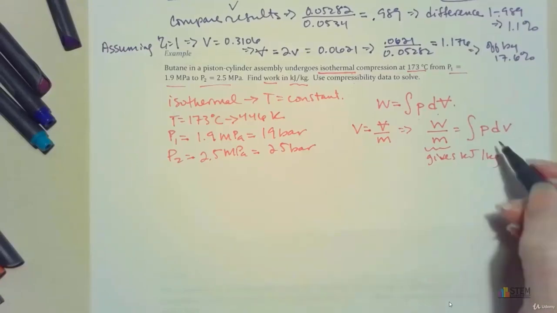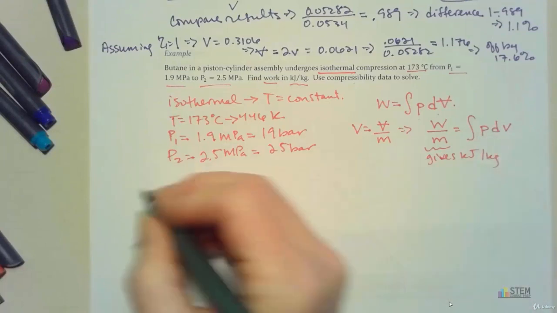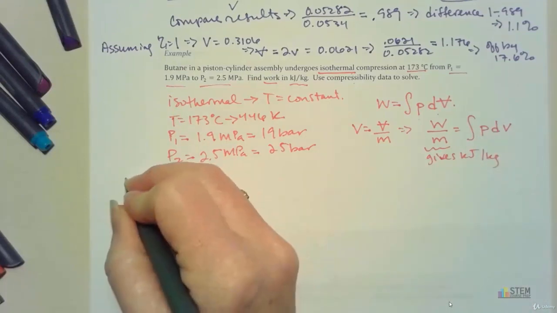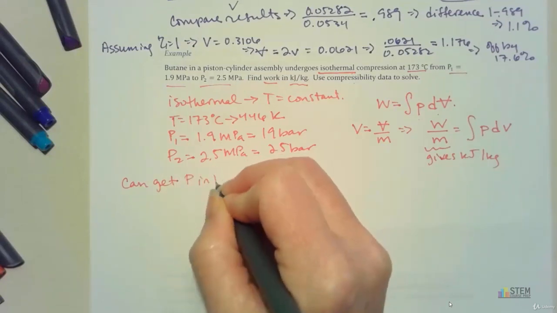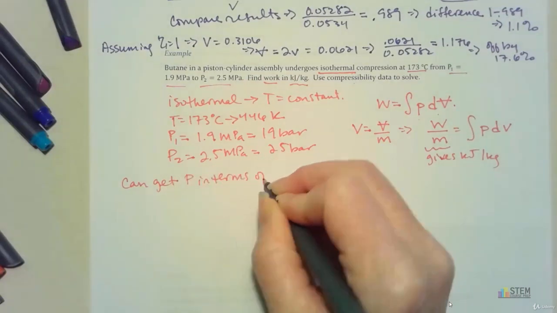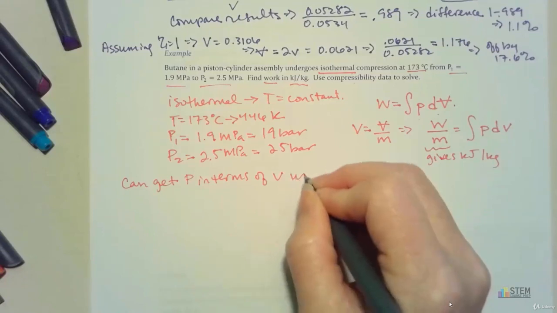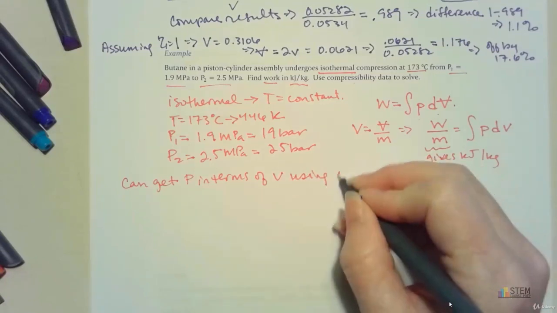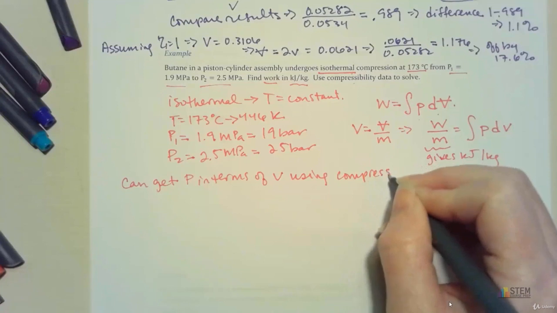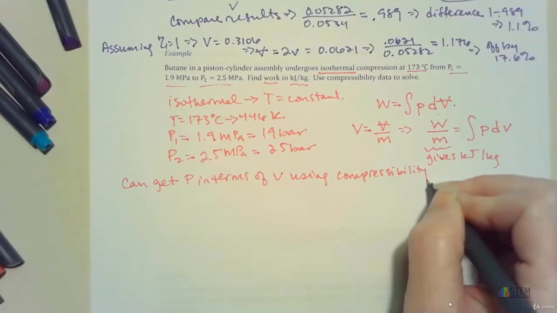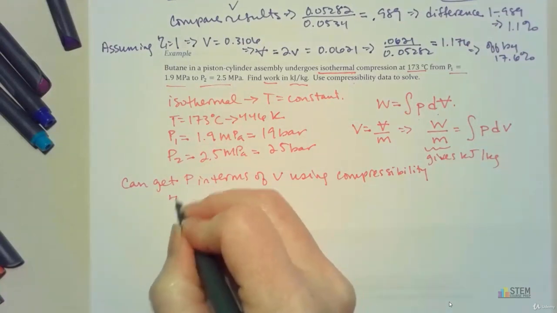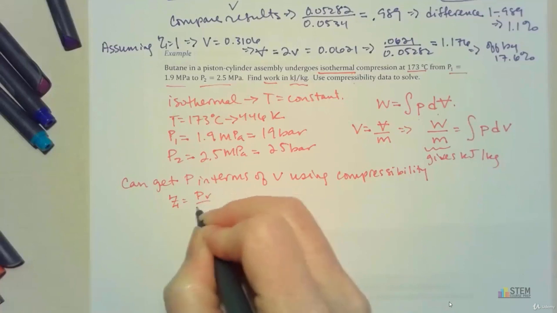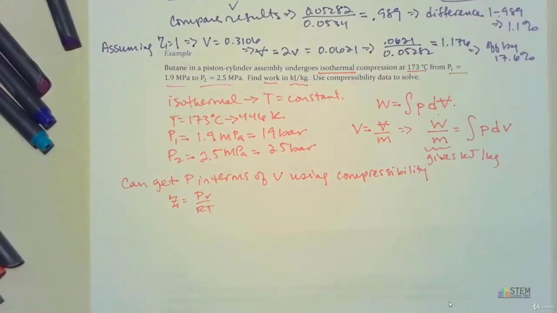What we want to do now is we have to worry about this pressure. Let's focus on getting that pressure. We can get our pressure P in terms of v using compressibility. And can you think about why that is? If you think back to what that capital Z was equal to, remember Z was equal to Pv over RT, right?